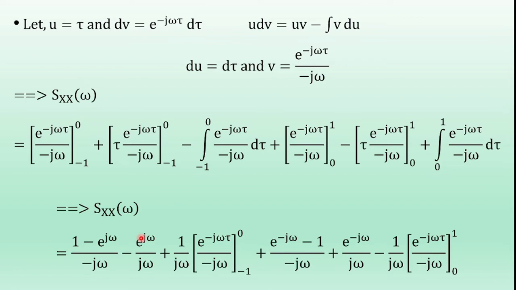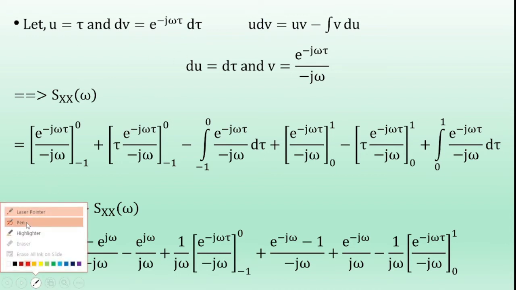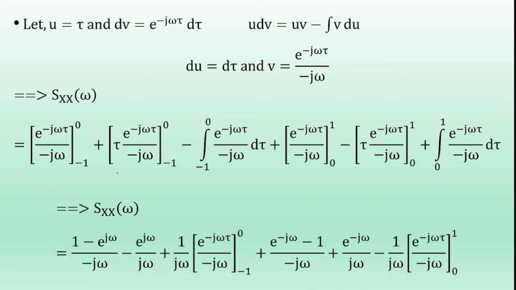e power minus 0 is e power 0. So now here we substitute, and the first term is 0, and the second term is minus 1 into minus 1 into e power j omega by minus j omega.